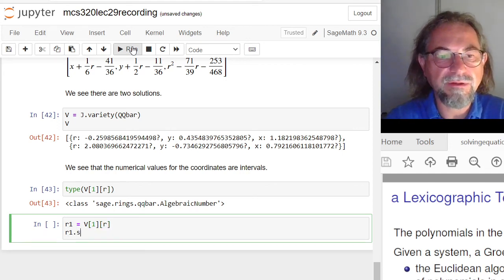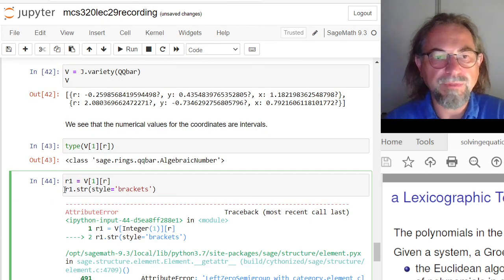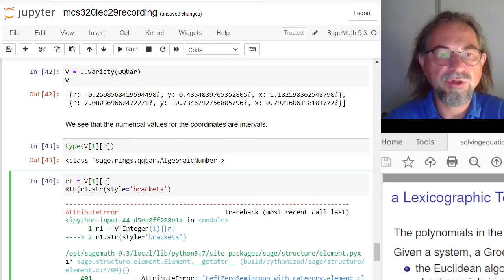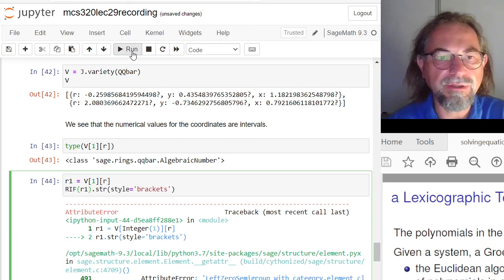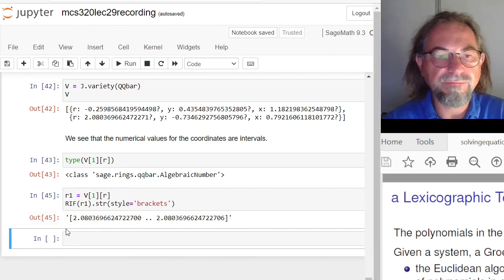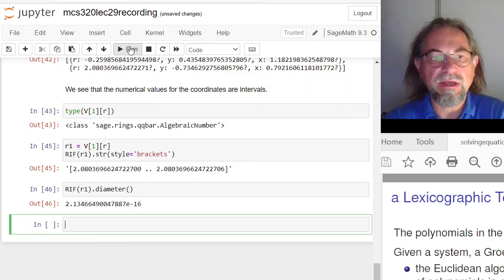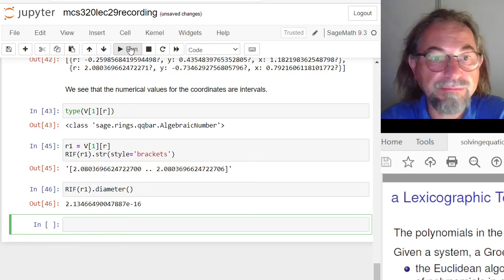Let's see if I can see the string representation with the bracket style. Nope, I have to explicitly convert this to the real interval field. With the real interval field, I can verify the accuracy of my result by asking for the diameter. And you see that this is very close to the machine precision.